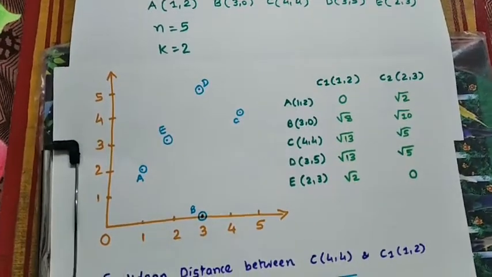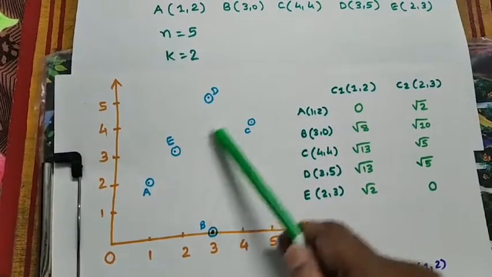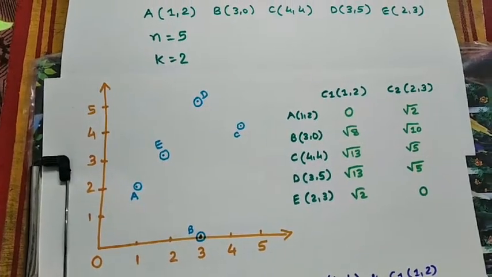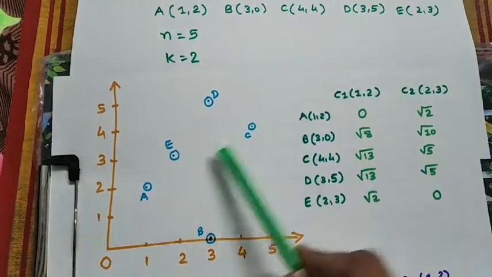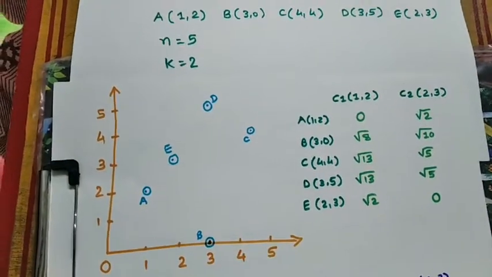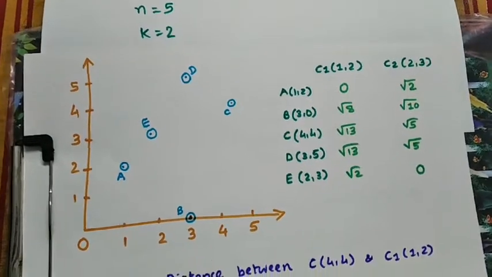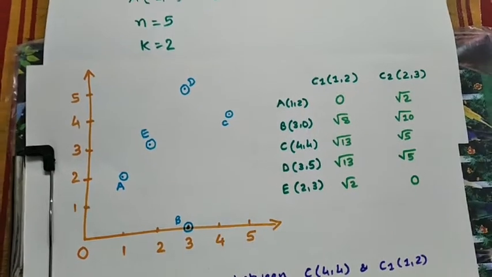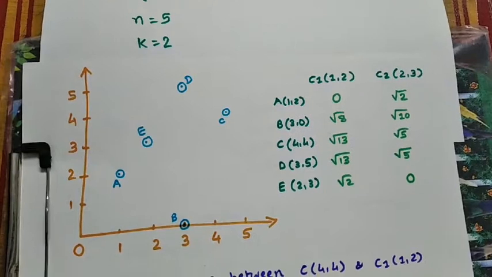Here we can see that the 5 objects A, B, C, D, E are marked as per their coordinates, and based on these coordinates we have plotted them. This is just used for visualization or simplification purposes. It is not mandatory while performing the K-means algorithm, but we will use it to understand more clearly how grouping actually takes place in two-dimensional form.